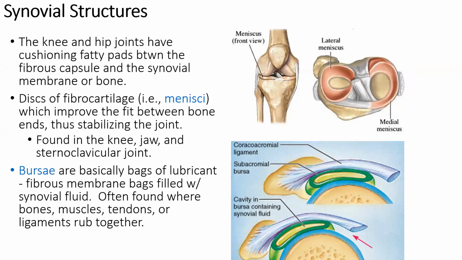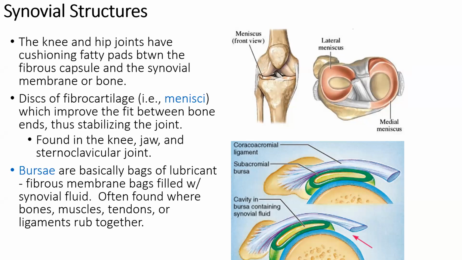In a lot of places, we have even more complications added to the joint. Now, the knee is the most complex joint in the body, and the hip and the shoulder aren't far behind. We will tend to cushion the synovial joint.